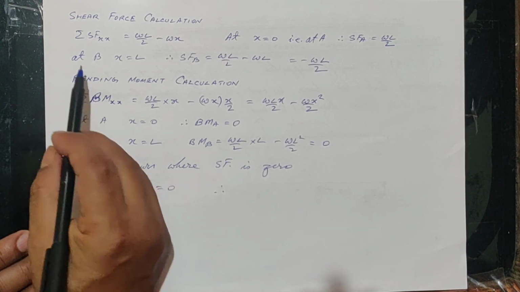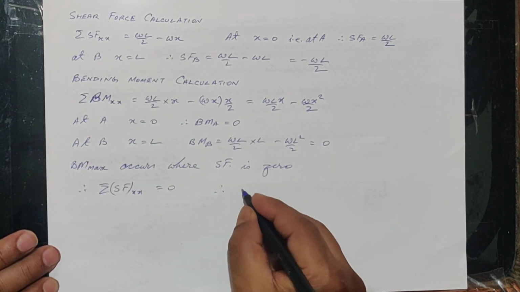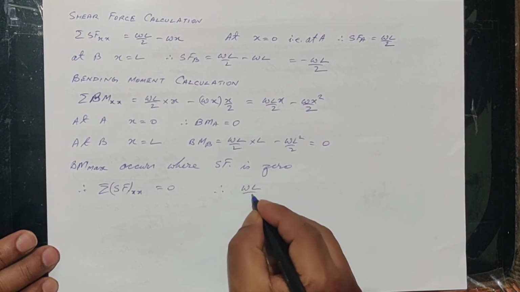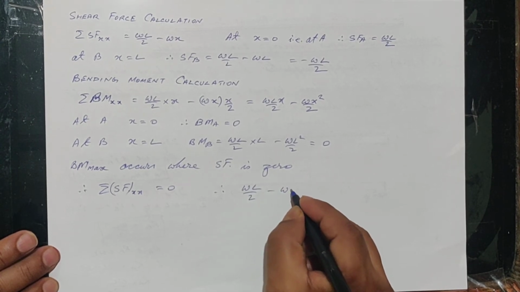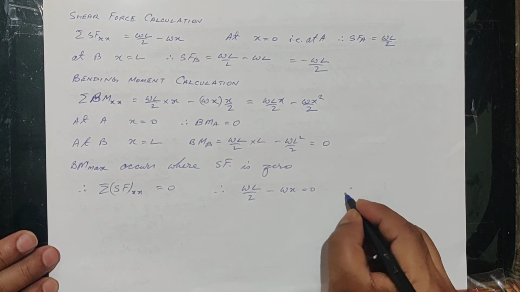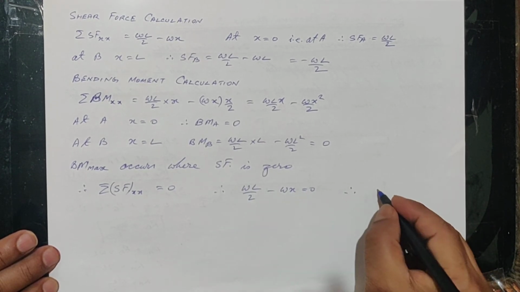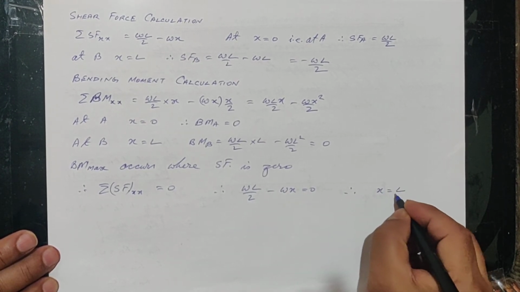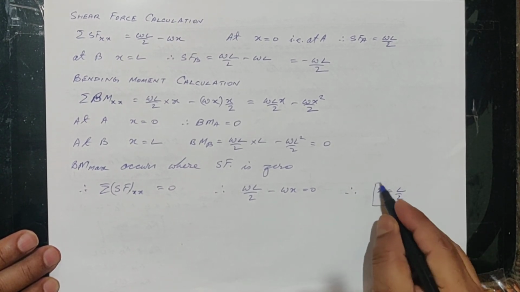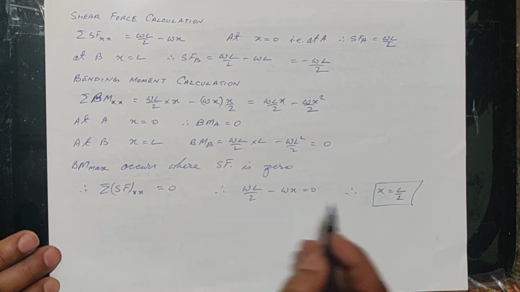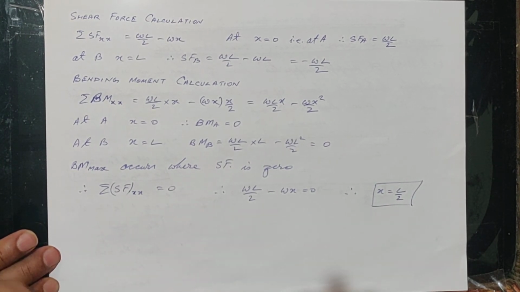So from this formula we will find that WL by 2 minus WX is equal to 0. So from this we get X is equal to L by 2. So here we have the maximum BM.